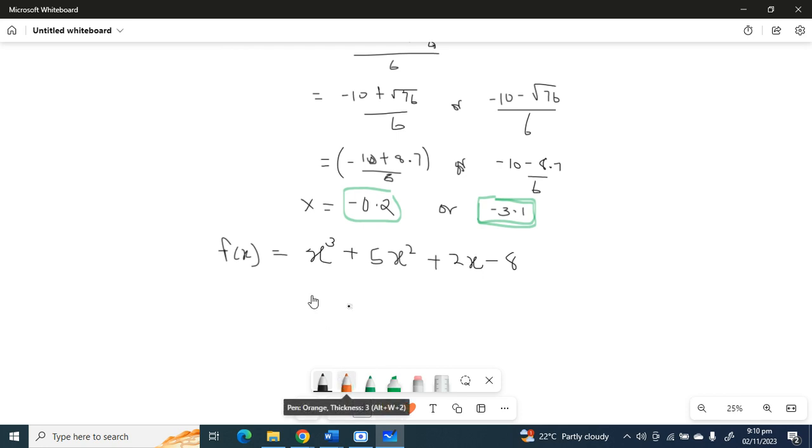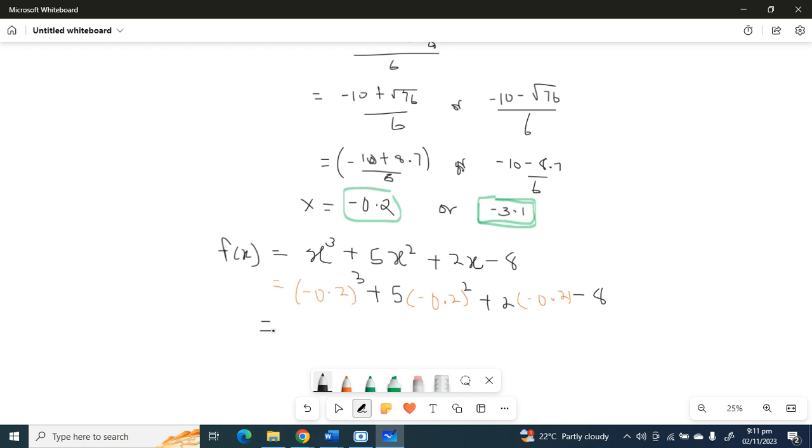So first let's substitute negative 0.2 here. Remember, we're trying to get the y coordinates for our stationary points. Get our calculators.